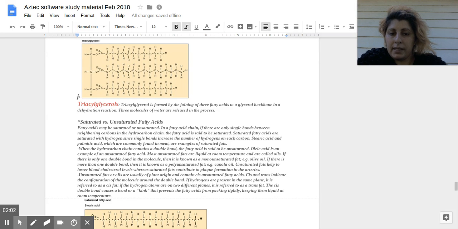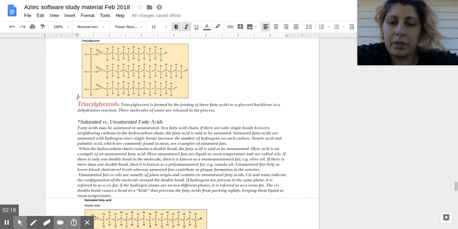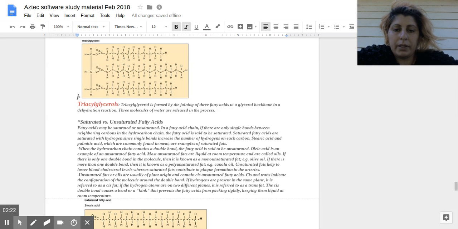usually liquids, called oils at room temperature because they have a double bond. They're unsaturated. One double bond is called monounsaturated. More than one, for example, olive oil is mono. Poly is like canola oil, having more than one double bond.